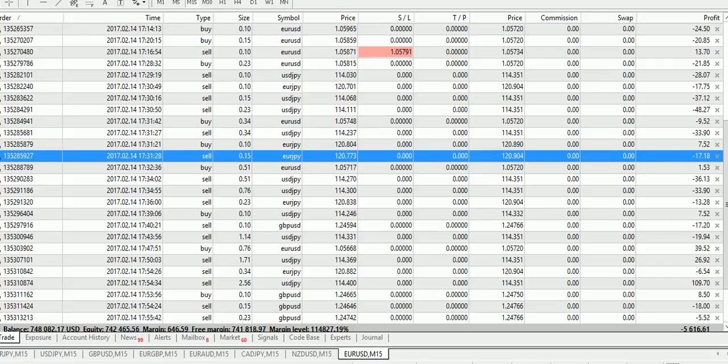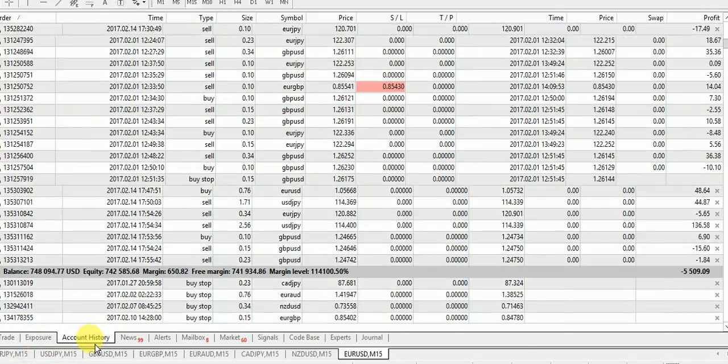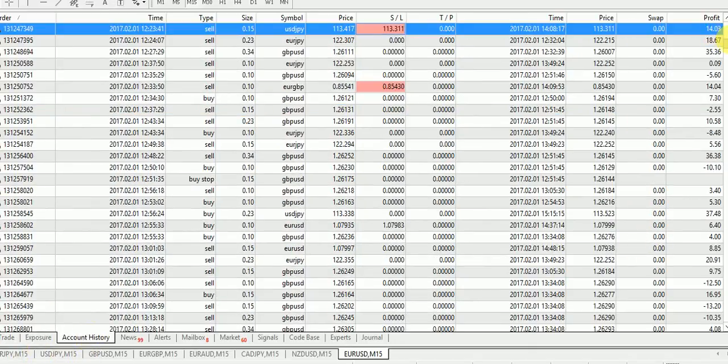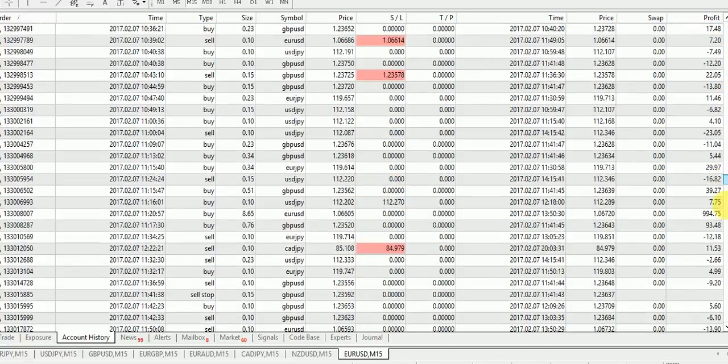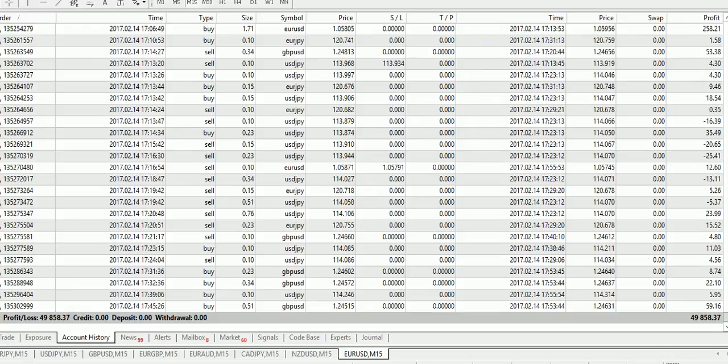And I also want to talk to you about the other robot that we have been using for a long time, and it is very good for big accounts, such as $30,000, $50,000, $100,000, and you can have results like that.